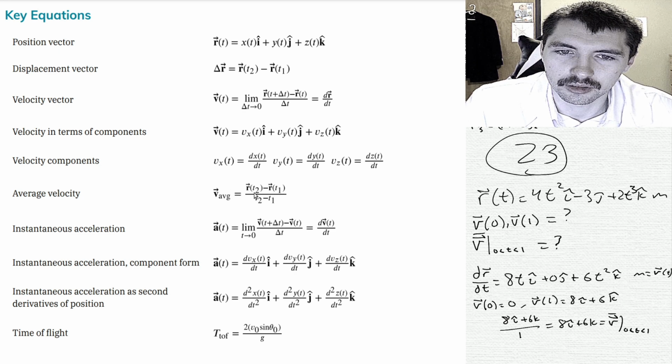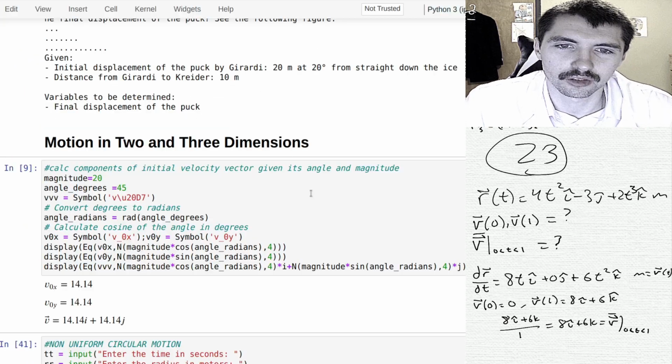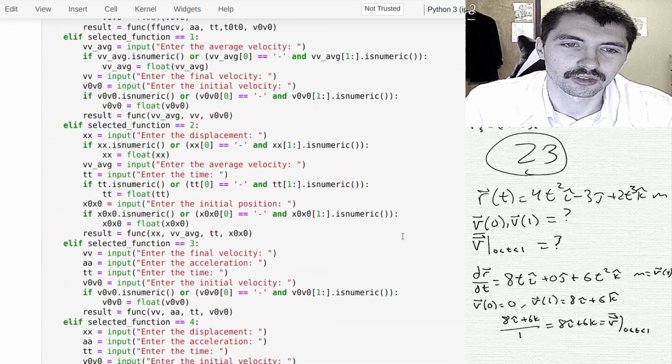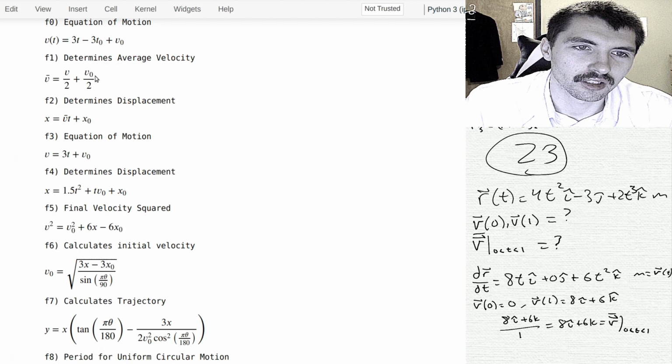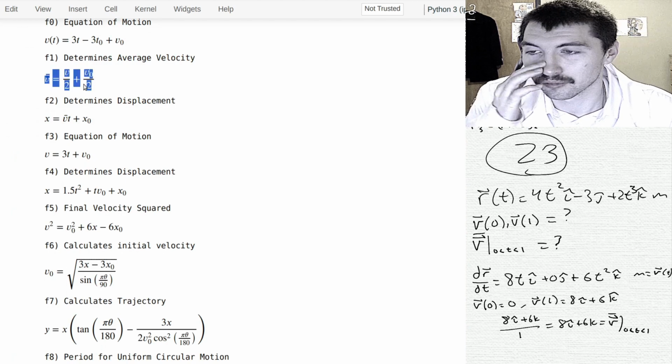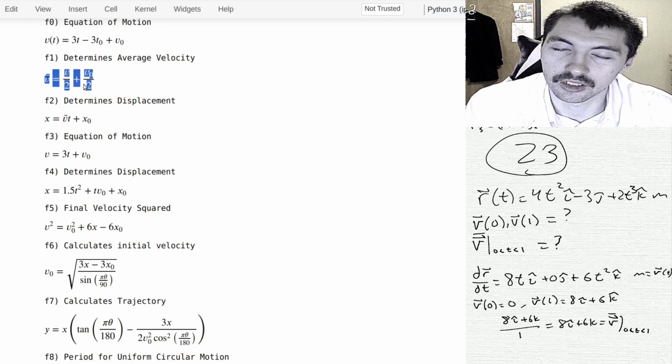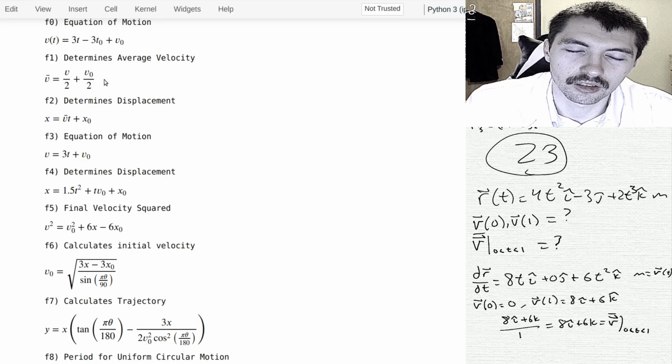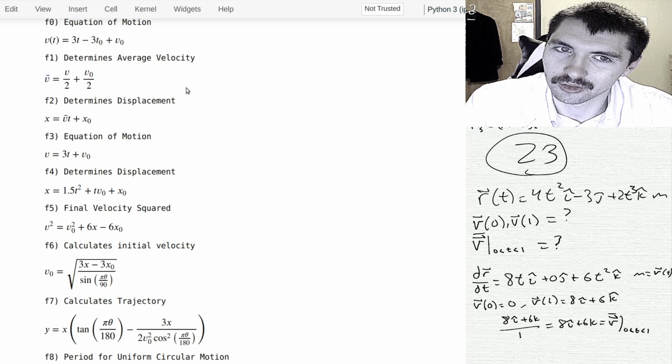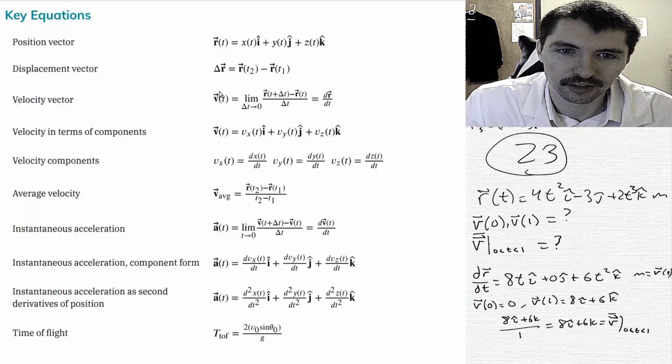So it should be 8i, which is how I did it. But then from earlier chapters, you've seen this, where you have your initial velocity, and that's divided by 2. So I don't know how to reconcile these.